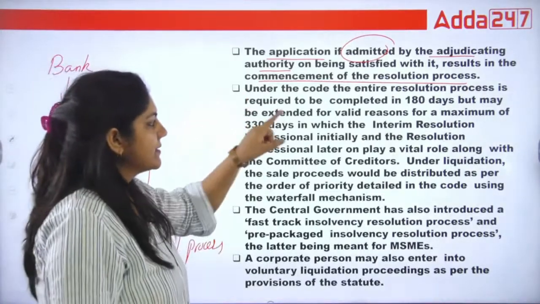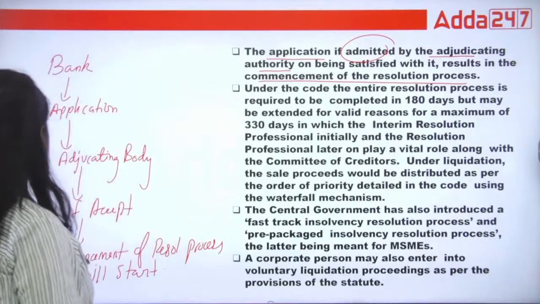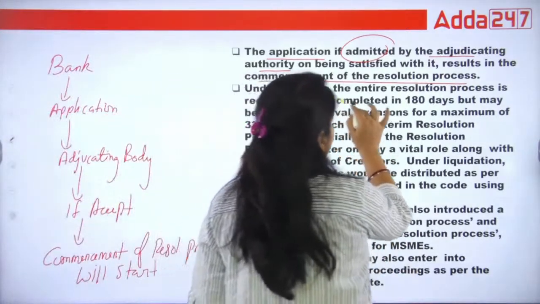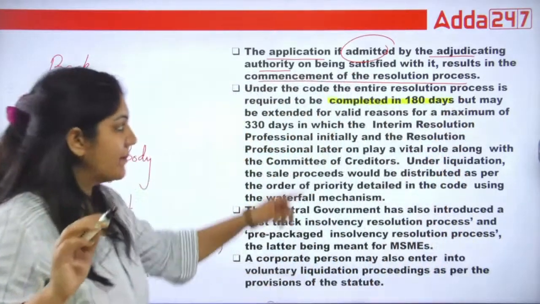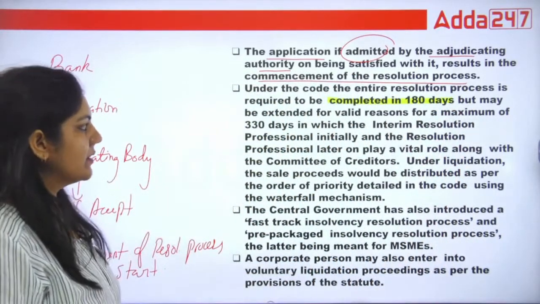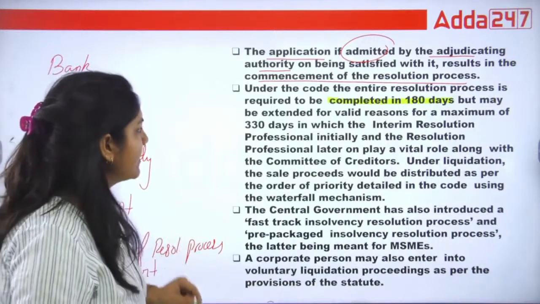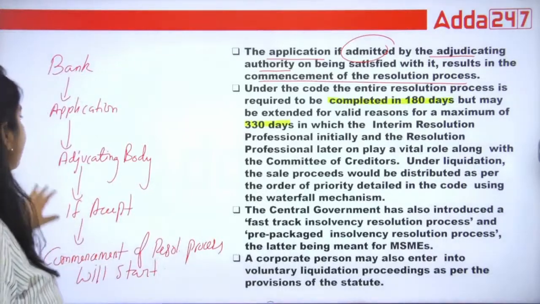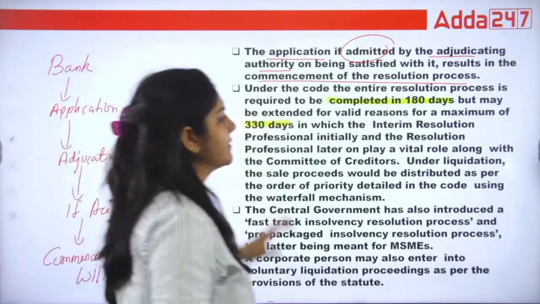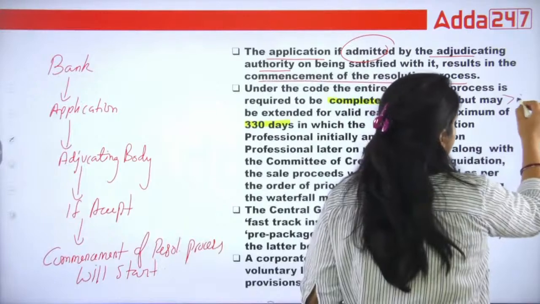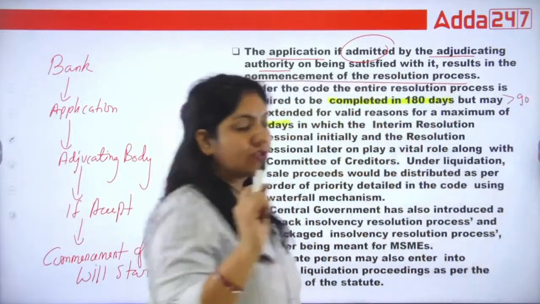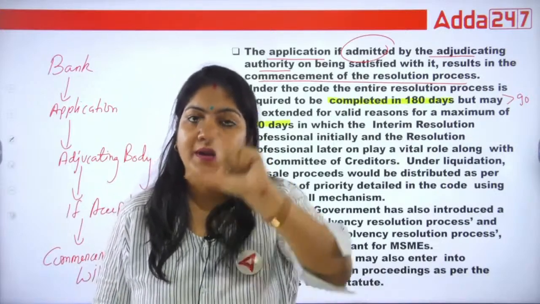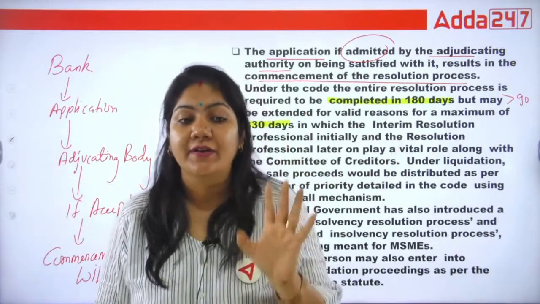Under the code, the entire resolution process has to be completed in 180 days, but may be extended for a valid reason for a maximum of 330 days. It means 90 days extra will be given if 66% of the committee of creditors vote for it.